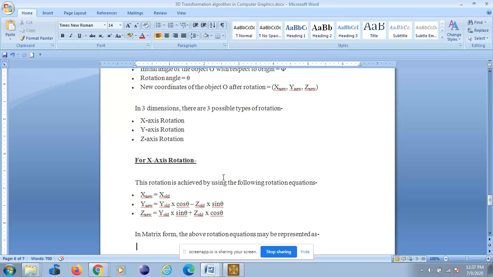Similarly, the new value of z is calculated as y old multiplied by sine theta plus z old multiplied by cos theta.